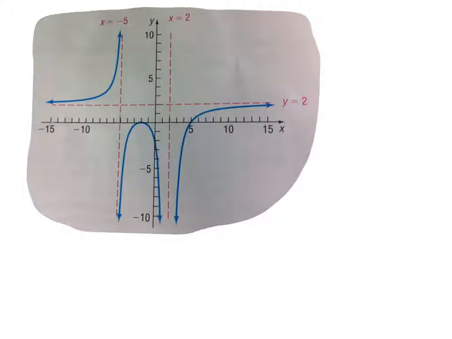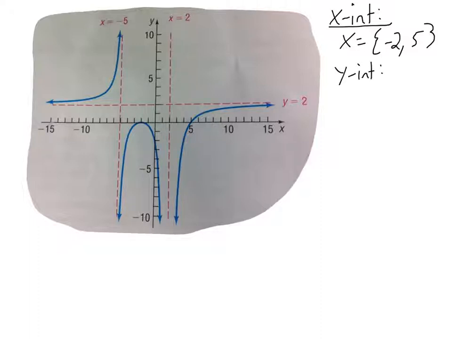All right, so what I would do here is I would start by looking at this, and let's go ahead and identify where our asymptotes are. Well, let's look at our intercepts first. Find our x-intercepts. Where do they occur? They occur at x equals -2 and 5, right? So those are our two x-intercepts. Y-intercept occurs at -2.